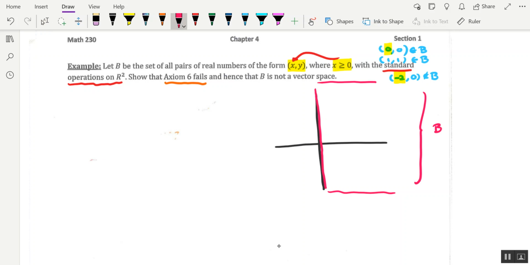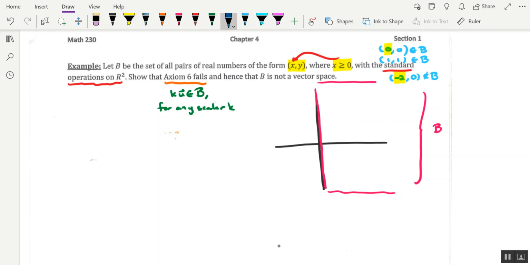Now, axiom 6 says that for all scalars k and all objects from the set B in this case, let's say an object u, ku has to be an element of B for any scalar k. Now keep in mind, k comes from the set of real numbers.